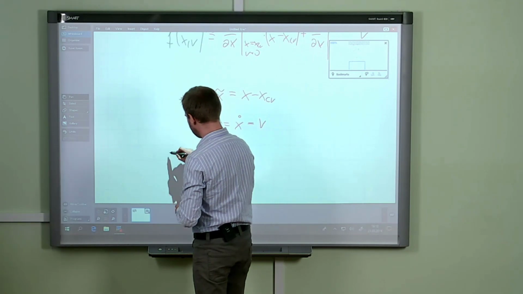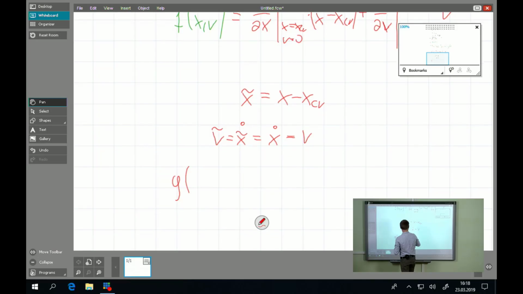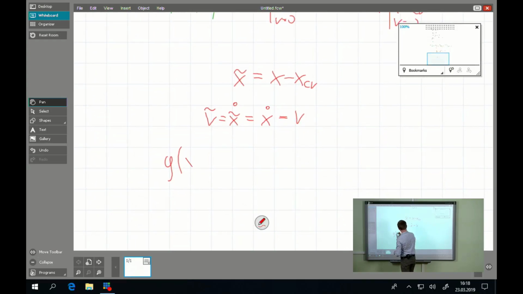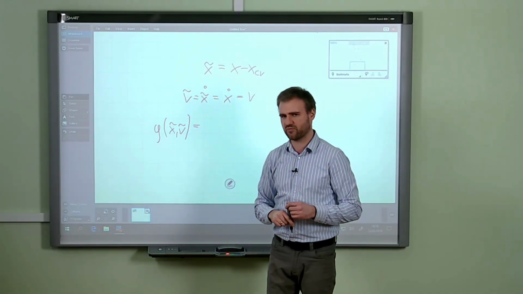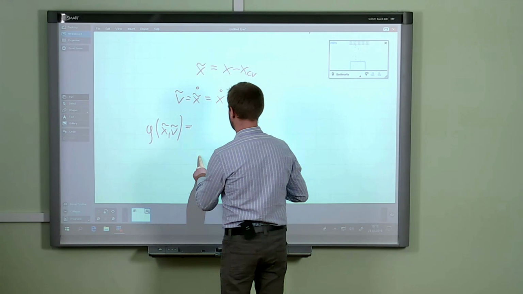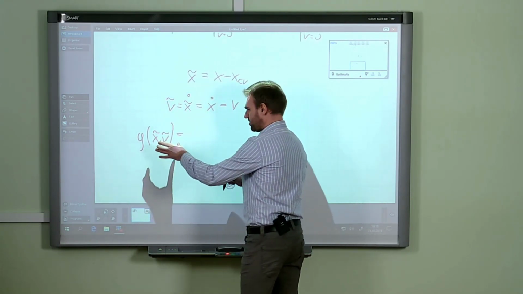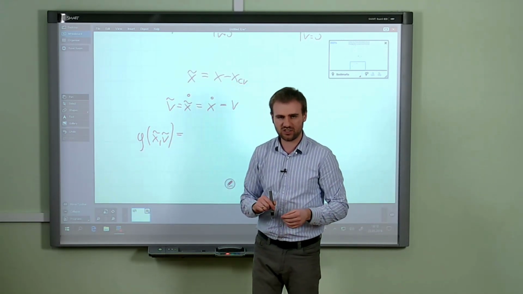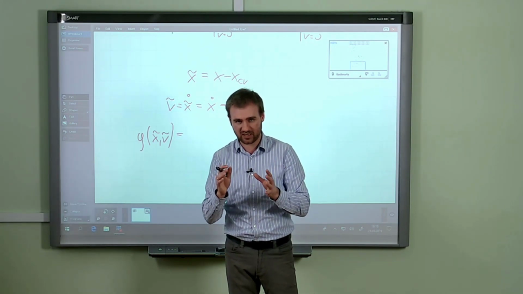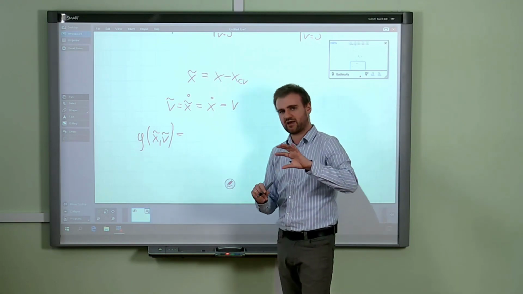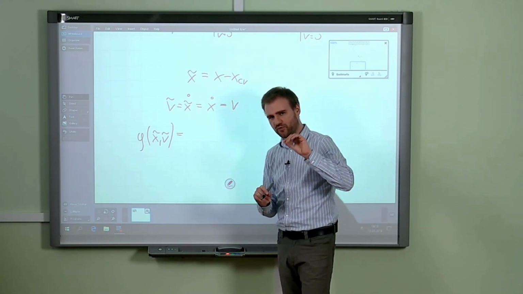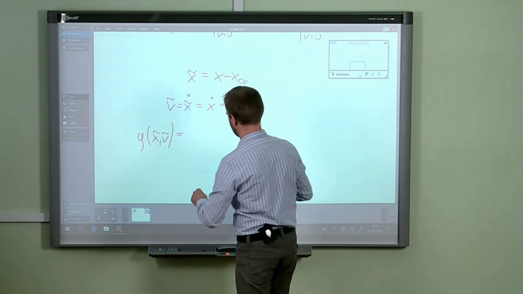I mean, we have the new function, let's say g of x tilde, v tilde, which expresses the phase plane portrait in the neighborhood of the critical point. That equation gives us information only about the phase plane image in the neighborhood of the critical point, like the coordinate frame is put exactly at the critical point.